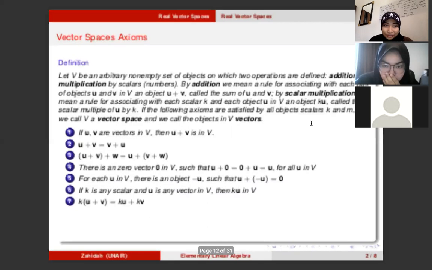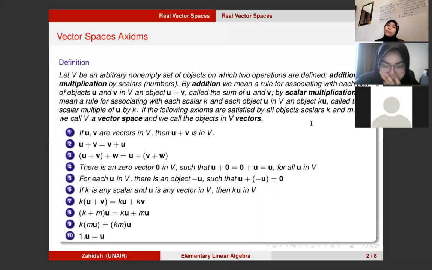If our set V with two operations, addition and scalar multiplication, satisfies all of these axioms, we say V is a vector space. For sure, you have to memorize all of these axioms.